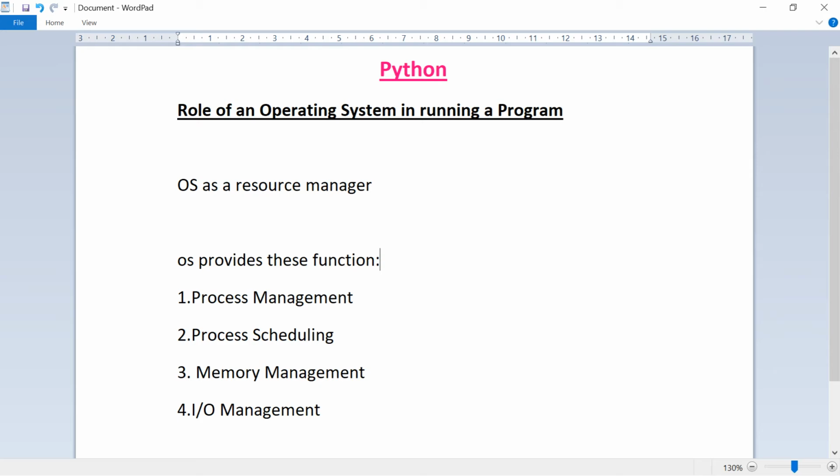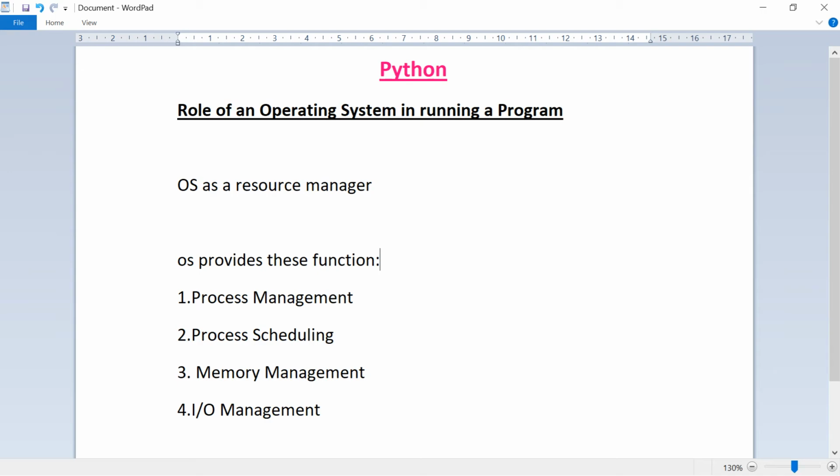But in modern days, computers are capable of running multiple programs and catering to programs of multiple users. These are called multi-programming or multi-user. The role of the operating system in running a program is much more complex and important today.